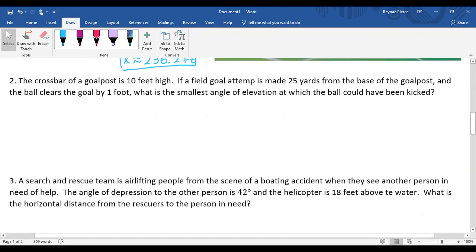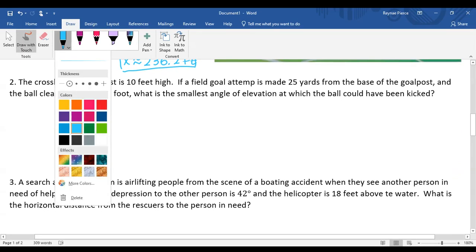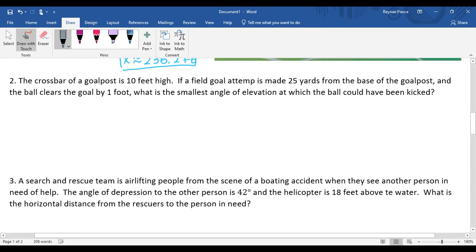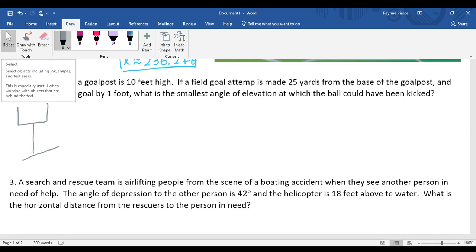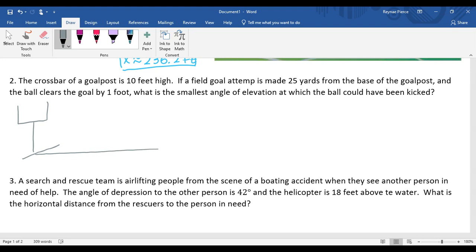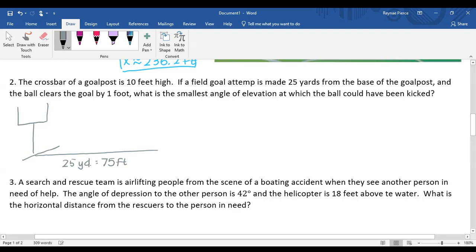Okay, number 2. The crossbar of a goalpost is 10 feet high. Here's our goalpost. And a field goal attempt is made 25 yards out. I'm also going to note that 25 yards is 75 feet because our goalpost is being measured in feet.